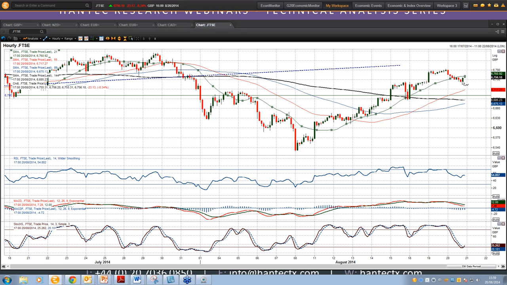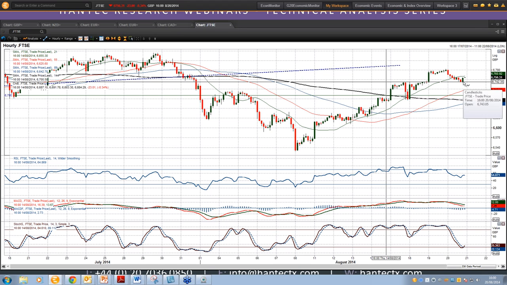Now we've broken back below it, so that would suggest you're a little bit concerned. I think you've got your breakout support there, which, as I said in my midday update, that if that starts to break down as support, then you need to start thinking about whether you should be long on FTSE.